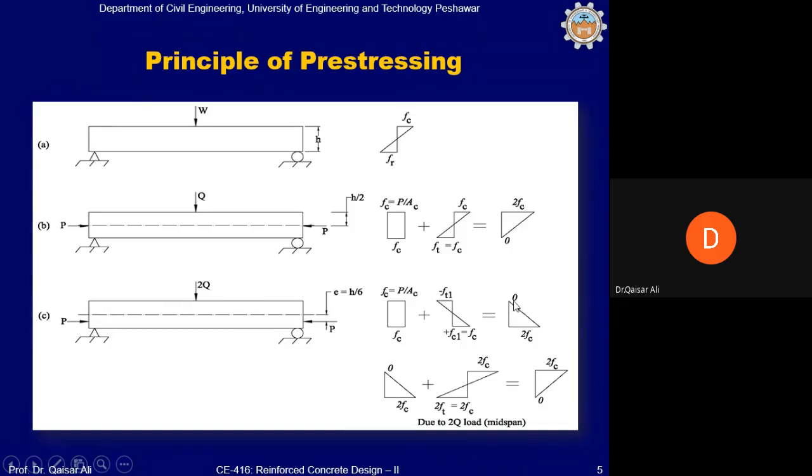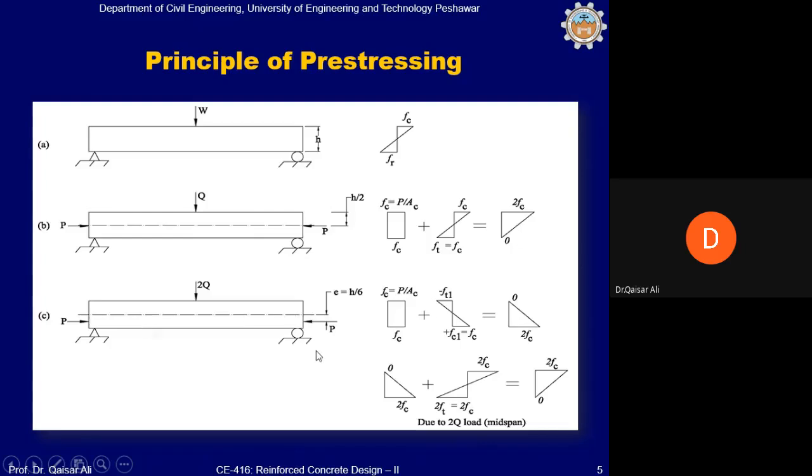And everything that we are discussing right now is before the application of the load. Before the load has not yet been applied, the force P will produce this state of stress plus this state of stress, and this minus Ft1 will also remain constant all along the length of the beam, because P times E is a bending moment which is constant all along the length of the beam.